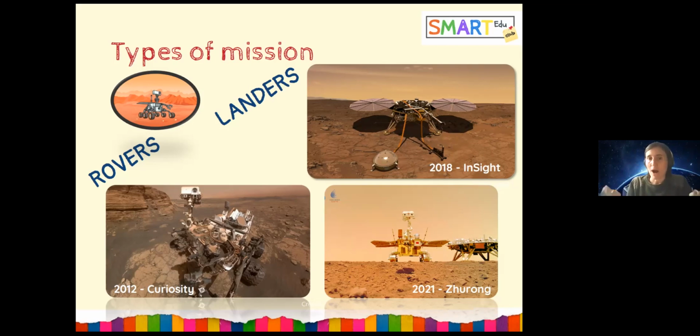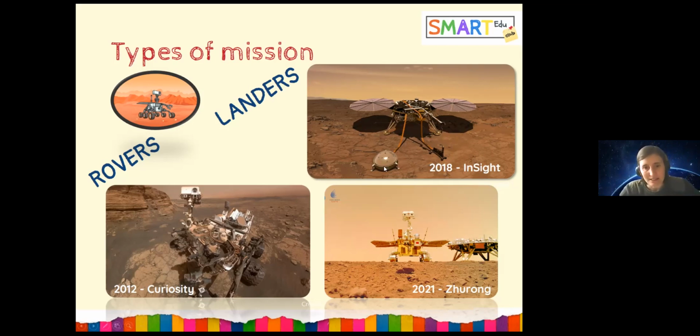As Owen and Patrick said, landers just land and they don't move. So why would you choose a lander over a rover if you can have wheels and go around? Sometimes you want to do experiments that require your robot to stay on the ground without moving.